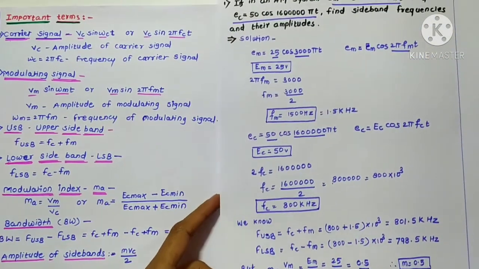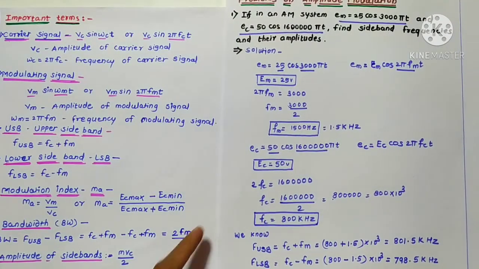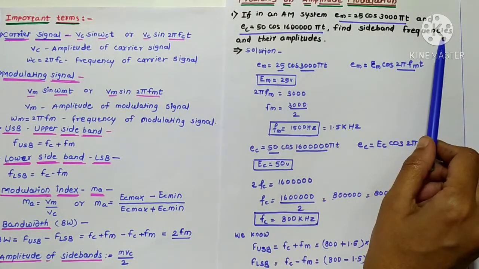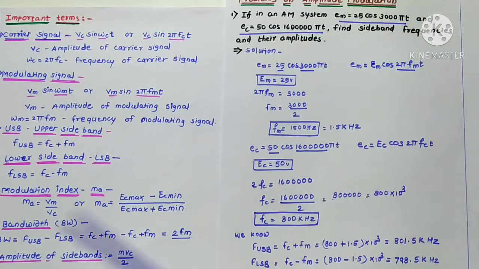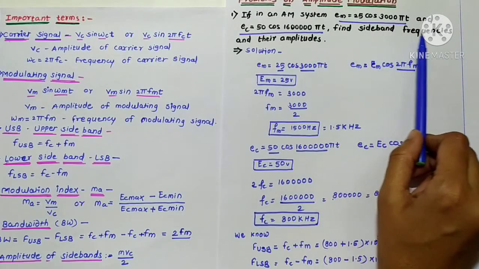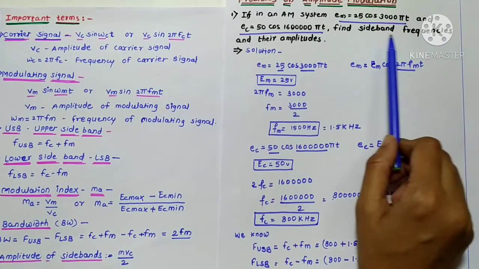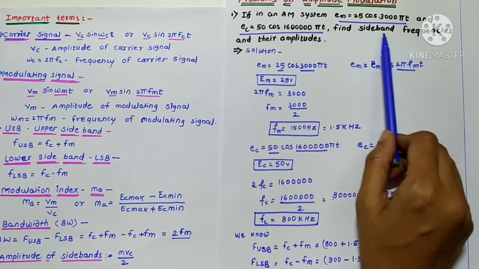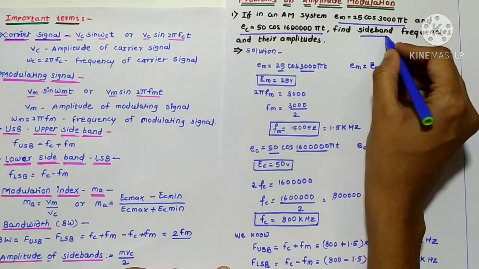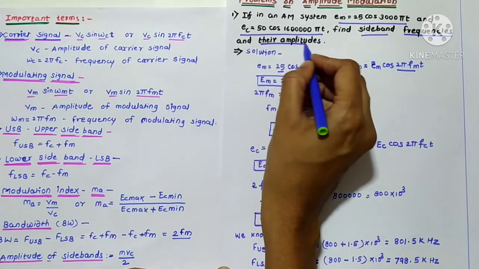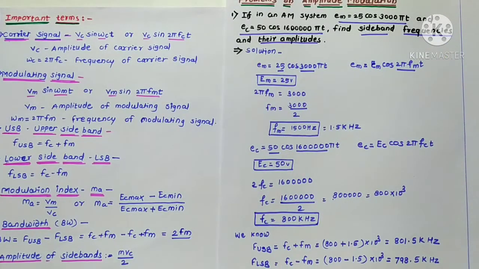First write down the equation, then find out the terms which are given in the problem and write down the terms which we have to find out. Here we have to find out sideband frequencies and their amplitude. Then you decide which formula we have to use. In this way you can solve any problem.